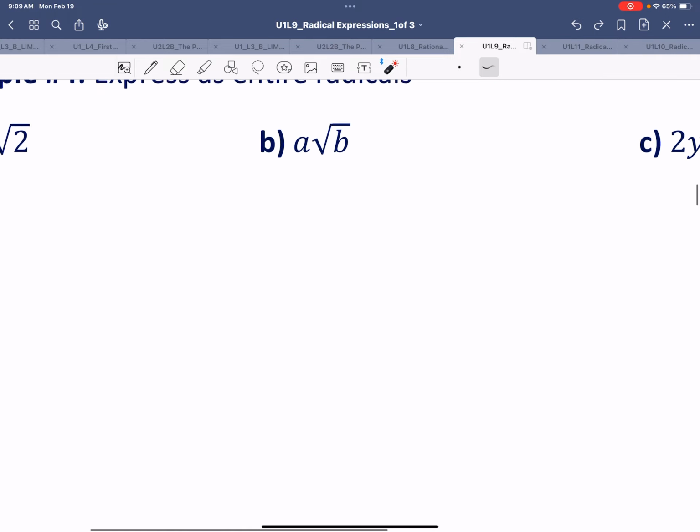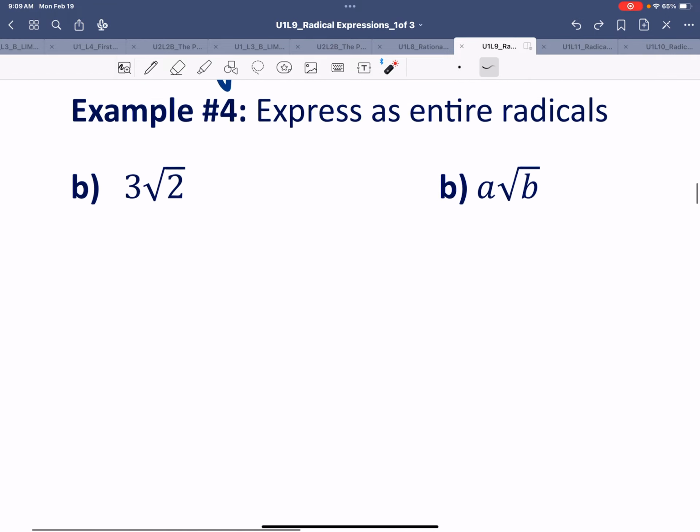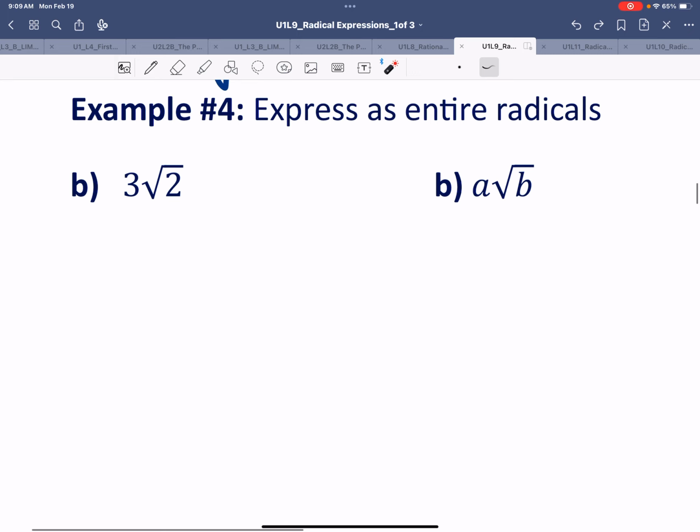So moving on to our next example, example 4, we have to express as entire radical. So we're doing the opposite this time. We have a mixed number, or a mixture of a radical with a regular or whole number, and we have to write it in radical form, which means that number 3 must be expressed in radical form first. And the radical form we're looking at is the second root or the square root.